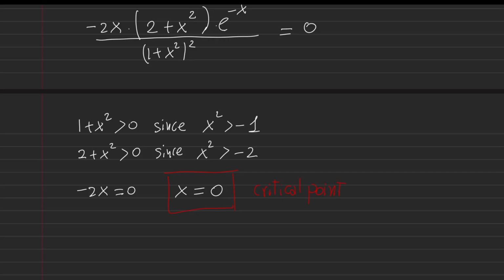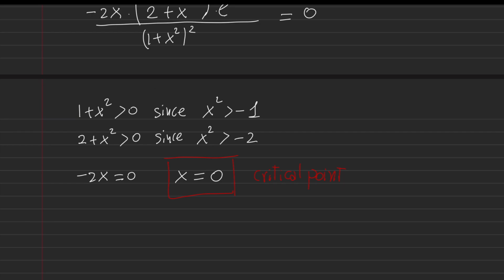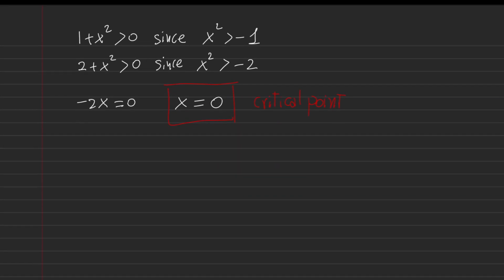It is my unique critical point. Now, I can use again the second derivative test, but the derivative is a bit cumbersome. And instead, the first derivative test is a bit easier. Indeed, we can do the sign chart of f prime.